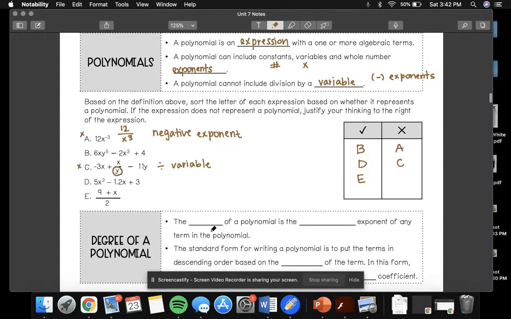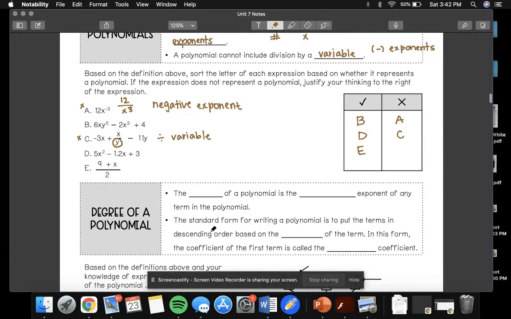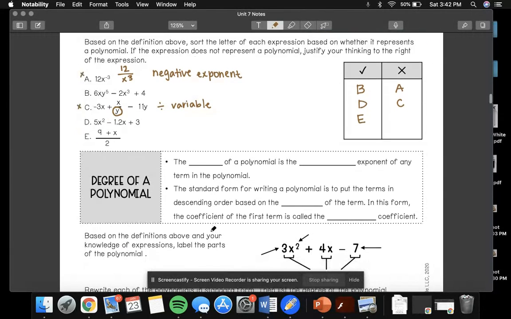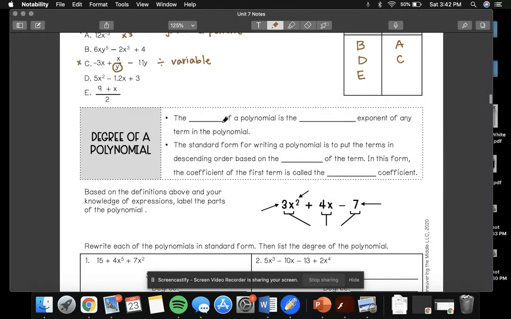Okay. So we have polynomials, and now we'll talk about the degree of the polynomial and how we can classify them. So the degree of a polynomial is the highest exponent of any of the terms or parts in a polynomial.